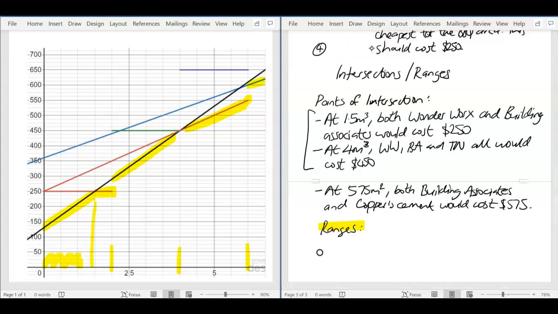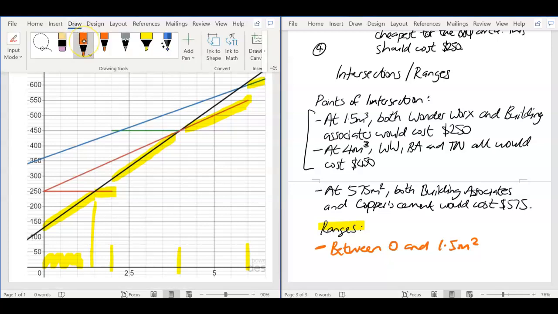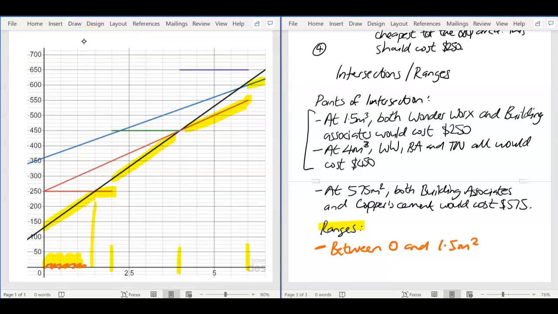So our ranges. So here I'm just going to do some bullet points. So between 0 and 1.5 meters squared. So just so you know where I got those numbers, just changing back to the bit 10 function. So for these ones here, that there is 1.5.